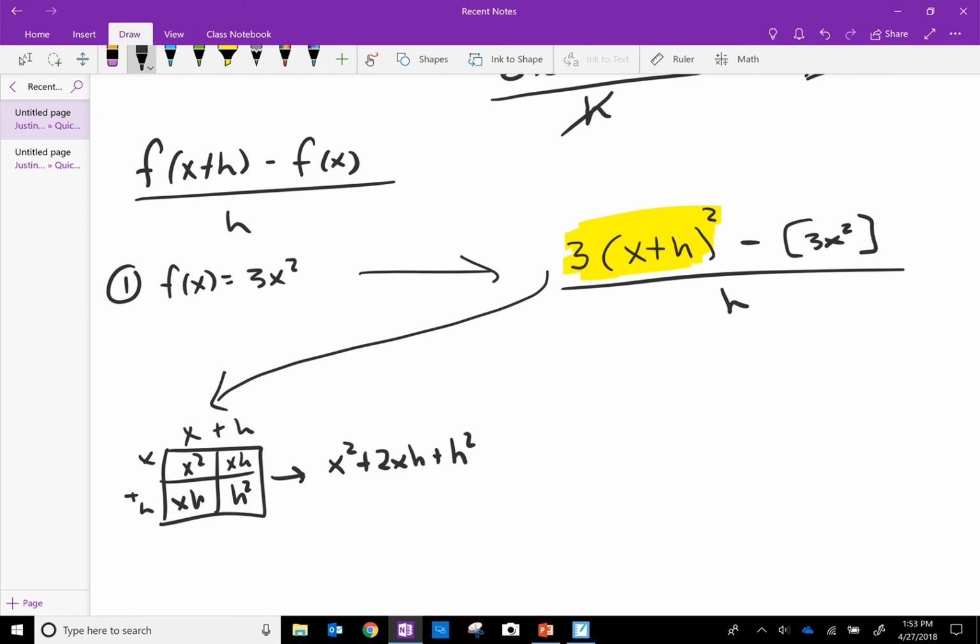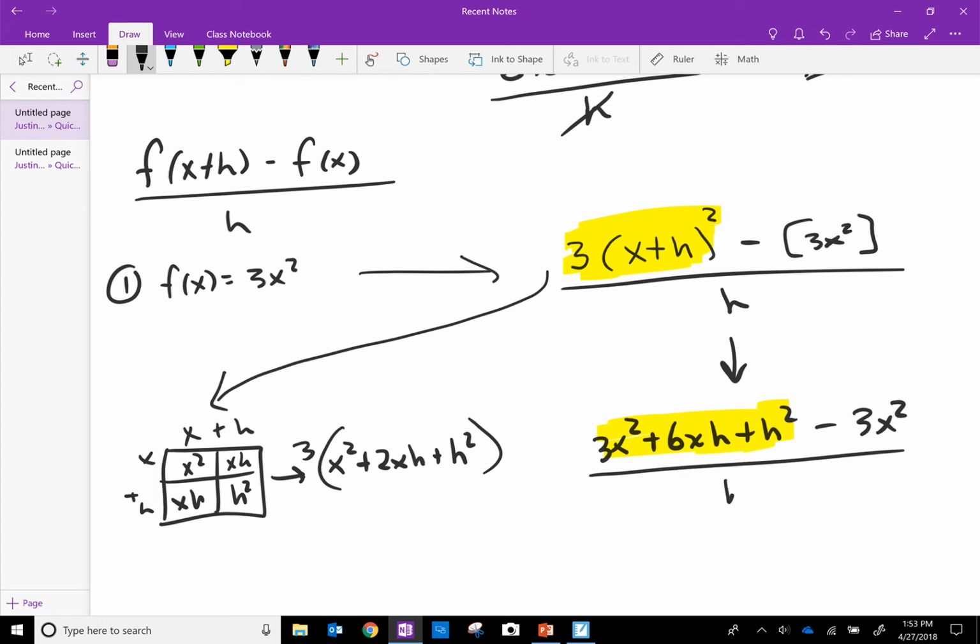But then all that is being multiplied by 3. So the very next step would therefore be 3x squared plus 6xh plus 3h squared. So that's the expanded form of what I had above, minus 3x squared over h.